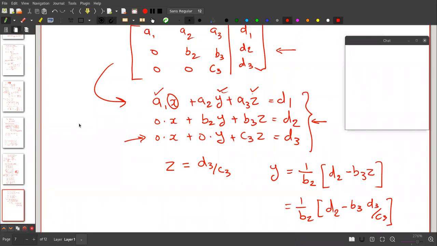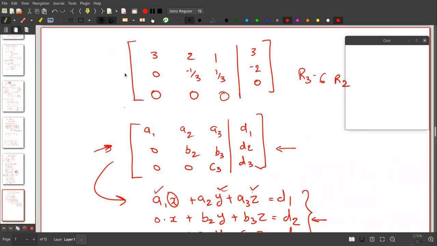Okay. So now we have this. With this one, we can see that the form is a bit different than this form. Why different? Because we had C3 here, but we have 0 here.